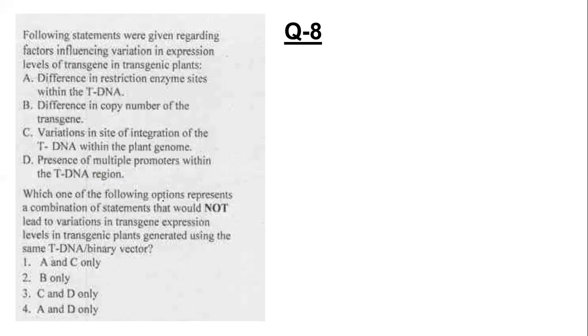Which of the following options represents a combination of statements that would not lead to variation in transgene expression level in transgenic plants generated using the same T-DNA binary vector?